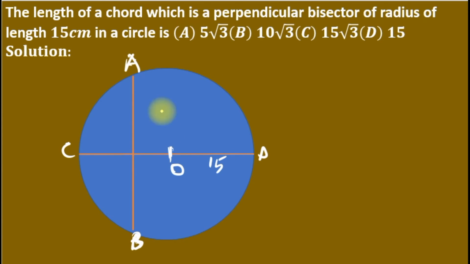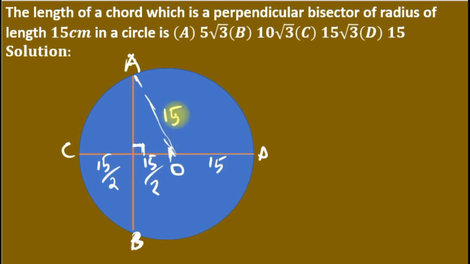We can still draw the radius. The radius could be this. This is also 15. OA is also the radius. CO is also the radius, but it told us AB is a perpendicular bisector, so this should be 15/2, 15/2. And this is angle 90, perpendicular bisector.